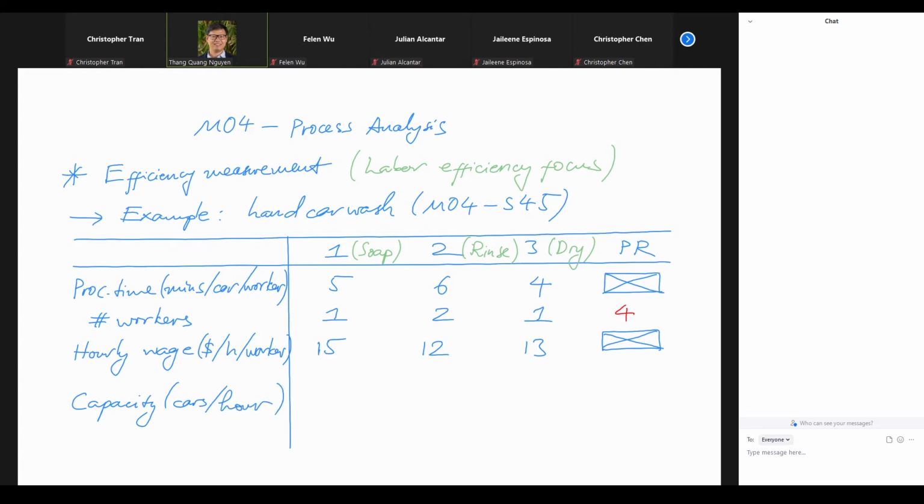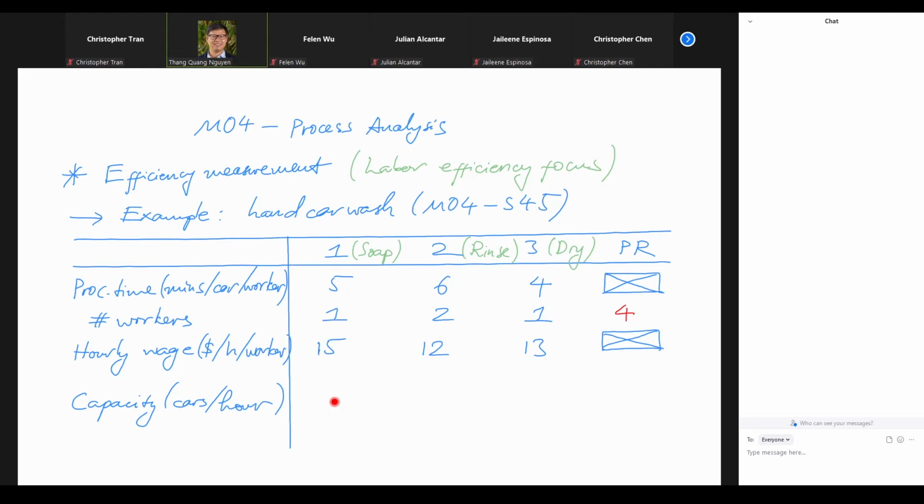So it's very similar to question 23. I hope that you are totally clear with that question. Please feel free to share your answer about station number 1. In 1 hour, how many cars can station 1 handle, right? How many cars can station 1 soap up in 1 hour?